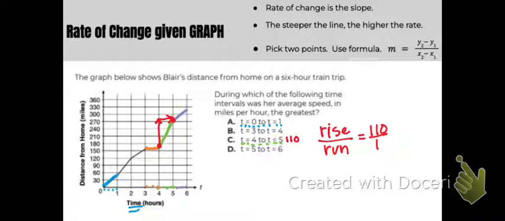Now let's look at the blue one. We're going between these 2 points. We're rising about 50 and running again 1 unit. So the slope of that blue line is 50. So that confirms for us that the green portion of the line between time 4 and 5, the slope, the rate of change is highest.